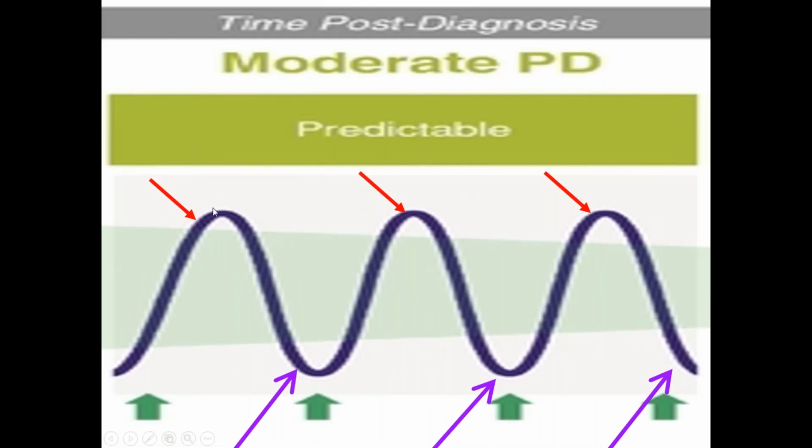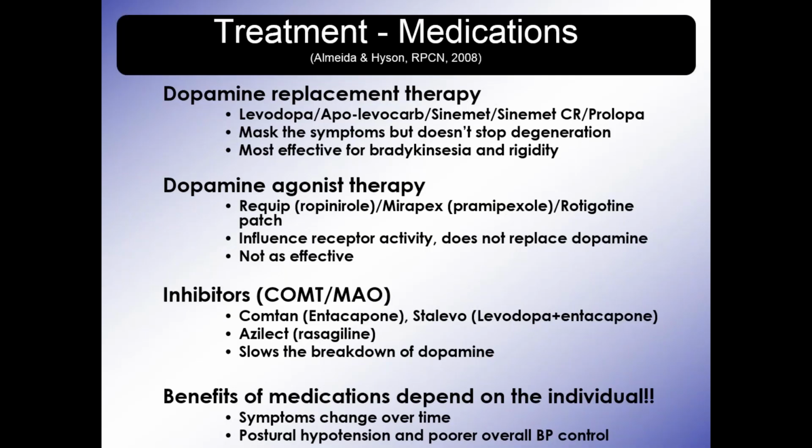This is just to show again that we're trying to avoid the peaks at the top and the valleys at the bottom. The valleys at the bottom, of course, are where more symptoms would start to show up. The peaks at the top are, of course, where dyskinesia starts to show up, the excessive movements. So, if we add to this now, as I said, this is just a repeat of before.